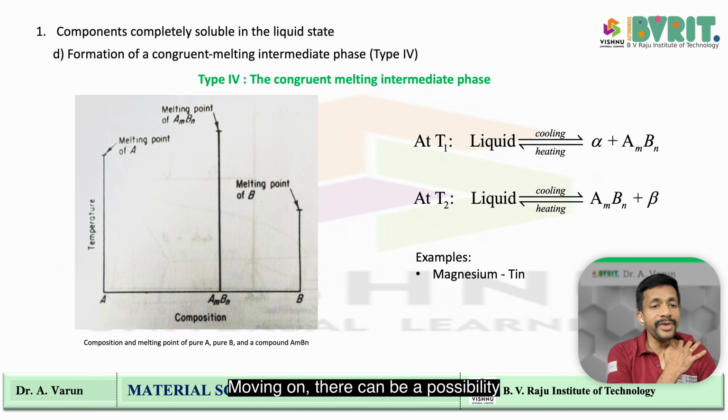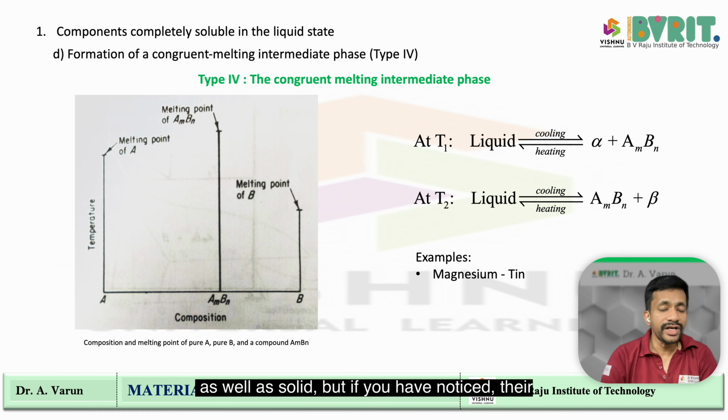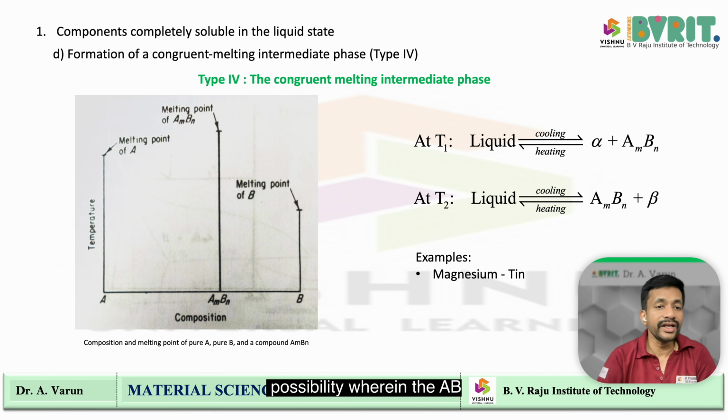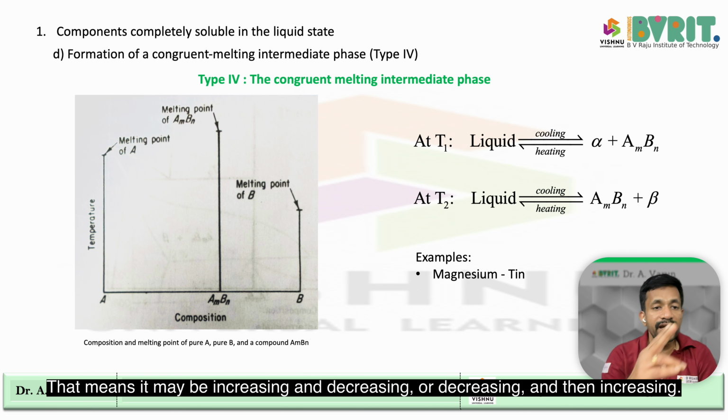Moving on, there can be a possibility wherein the two components are completely soluble in both liquid as well as solid. But if you have noticed, their melting points generally lie between the melting points of A and B. But there can be another possibility wherein the A-B composition may have a different melting point than A and B. That means it may be increasing and decreasing or decreasing and then increasing.